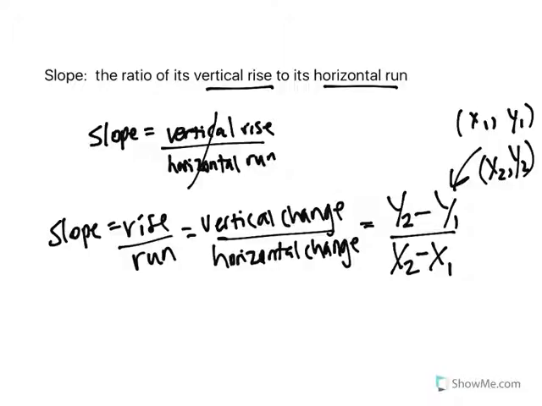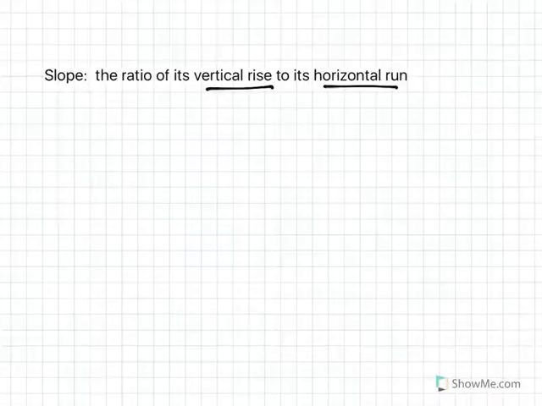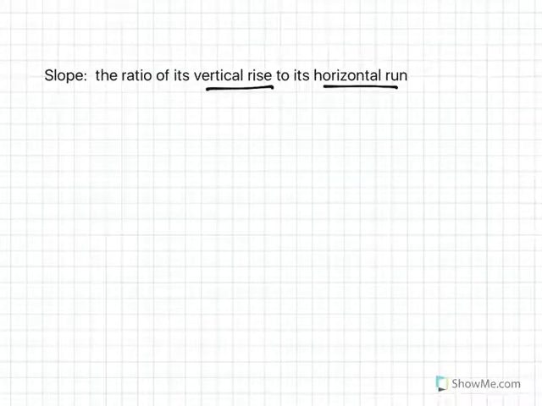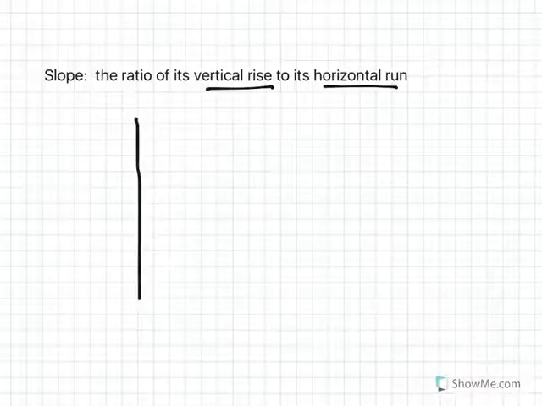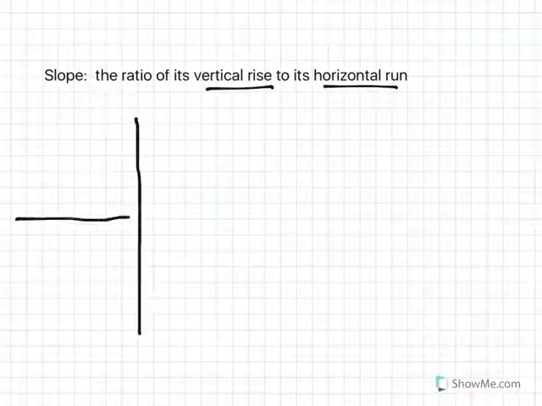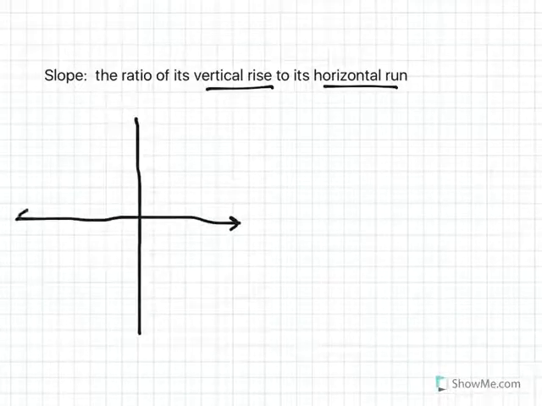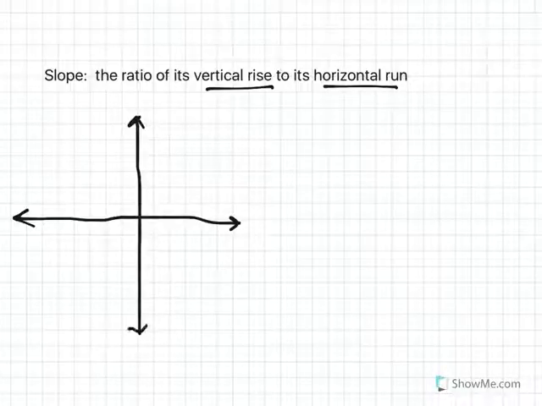So you can use the coordinates of points on a line to derive a formula for slope. In a coordinate plane, let me draw a coordinate plane. In a coordinate plane, the slope of a line is the ratio of the change along the y-axis to the change along the x-axis.